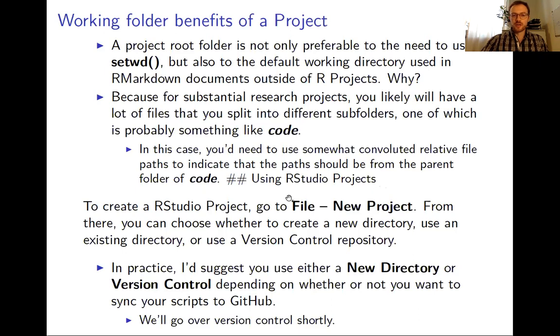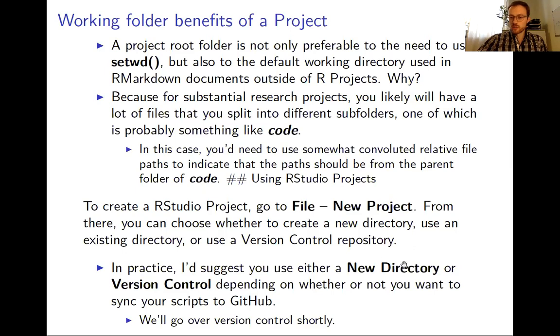So if you want to create an RStudio project, you go to File, and then you simply start a new project instead of just starting a new R script or an R Markdown script. RStudio will then ask you whether you want to create a new directory or use an existing one, or if you want to create one using version control.